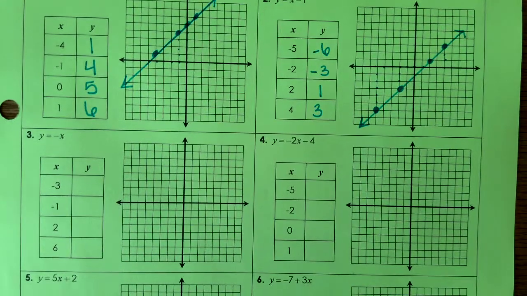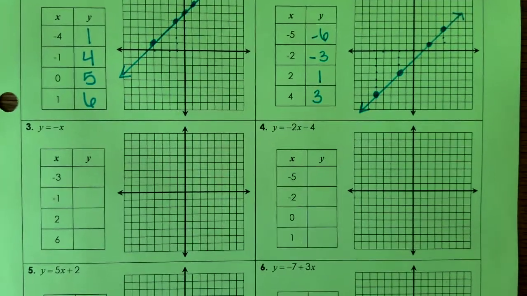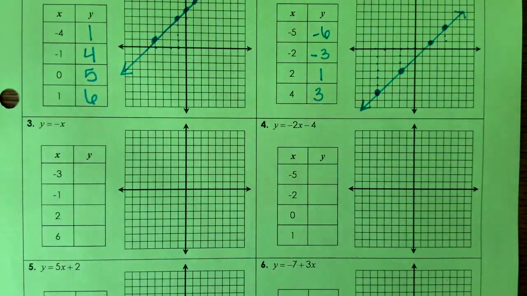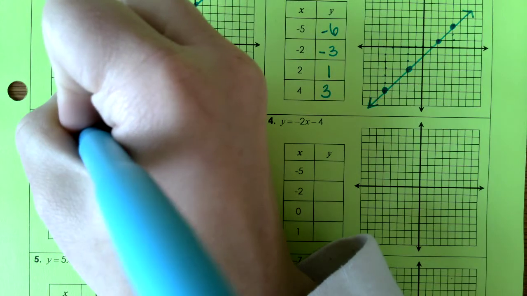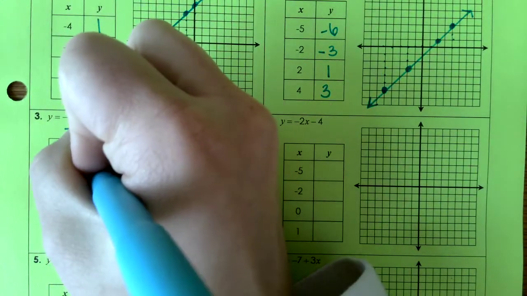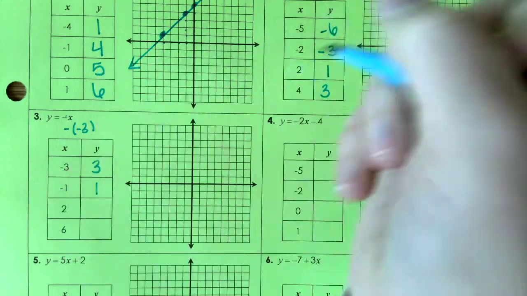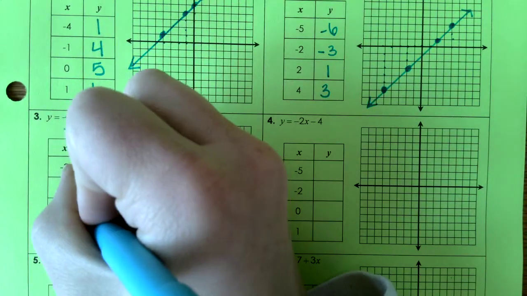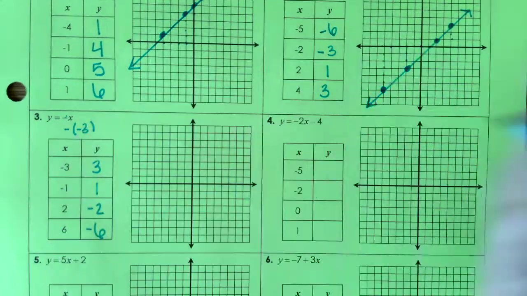So now we're going to go ahead and we're going to look at number 3. So number 3 is y equals -x. So be careful when I plug these in. -(-3) is going to give me a positive 3. -(-1) gives you a positive 1. -(2) gives you a -2. And -(6) gives you a -6.